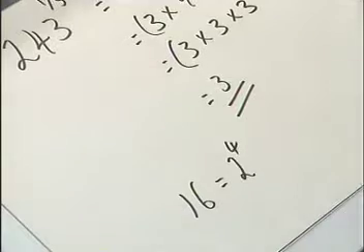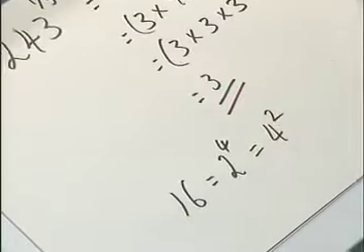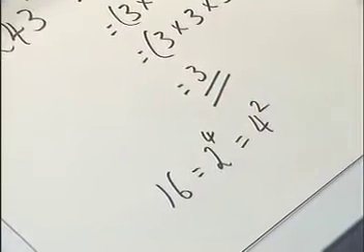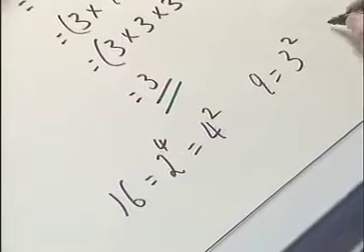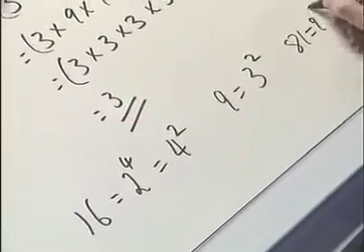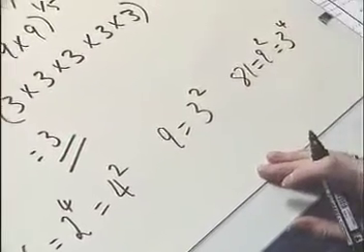Notice in doing this how important it is to be able to recognise what numbers are made up of, to be able to recognise that 16 is 2 to the power 4, that it's also 4 to the power 2, that 9 is 3 squared, that 81 is 9 squared and also 3 to the power 4.